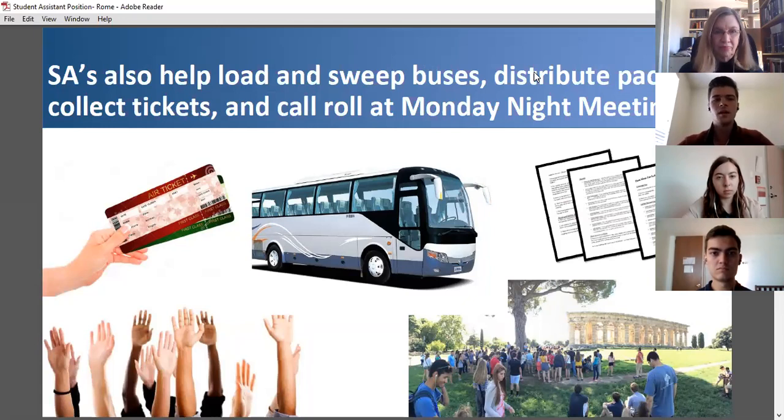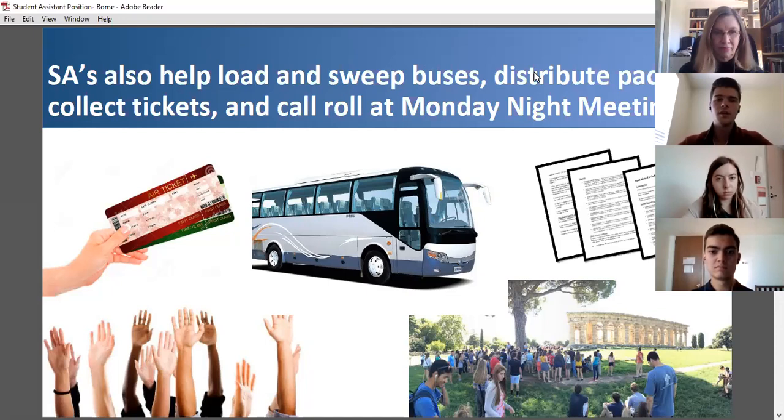You help pass out tickets to museums, collect tickets, just kind of any miscellaneous duties that Ben or the resident coordinators or the OSA director will need help with. You'll help them with those, and it can be anything from cleaning up to passing things out.